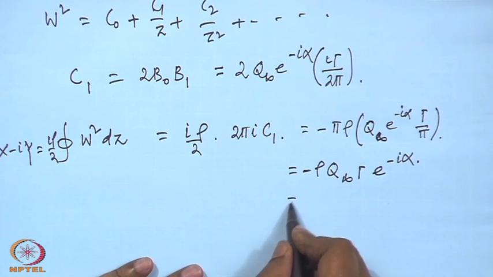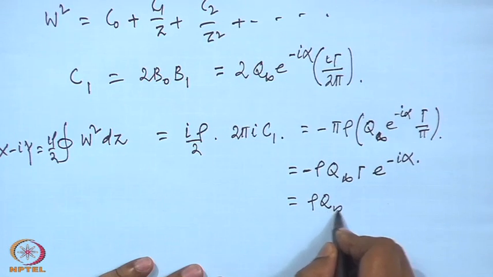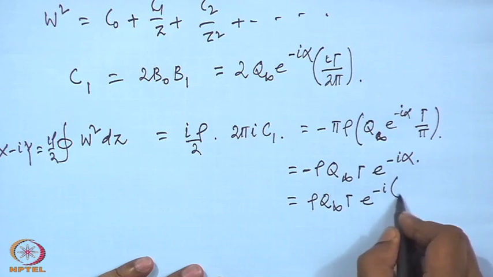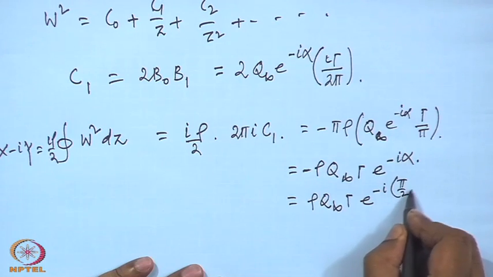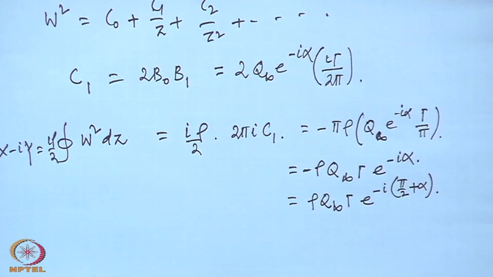Or we can write it as rho q infinity gamma e to the power minus I.